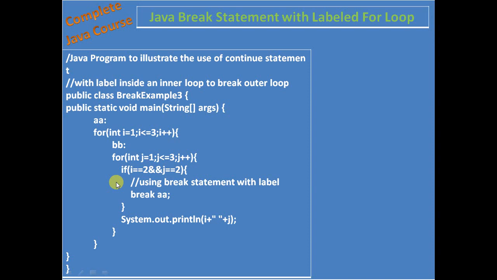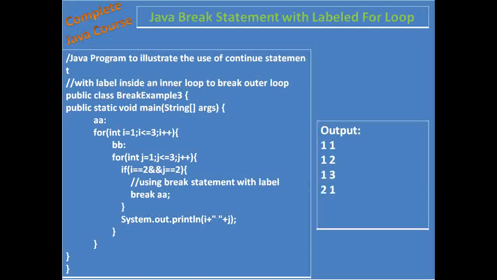Earlier we showed an example of the labeled for loop. So here is the labeled for loop, and we can apply the break statement on any label. Suppose here we apply the break statement on the outer label, which is AA. So the output will be this.